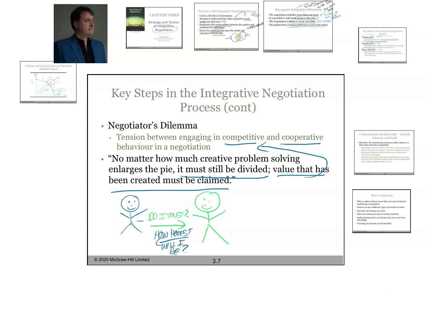And these are both from your perspective. So do I trust this person? And how honest will I be? In other words, what information will I share with my opponent? Well, that will depend on how much I trust them. It's sort of a two-way street that feels a lot one way sometimes, but it is really something that comes up around this negotiator's dilemma.